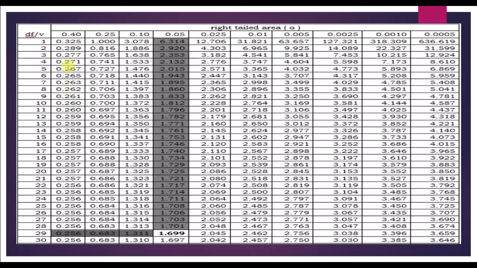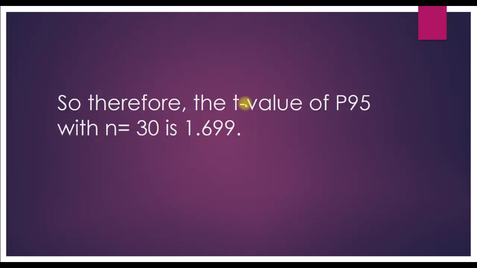So hanapin natin yung degree of freedom na 29 and then the right-tailed area which is 0.05. Then the intersection, so 1.699. So therefore, the t-value corresponds to the 95th percentile and the sample size of 30 is 1.699.